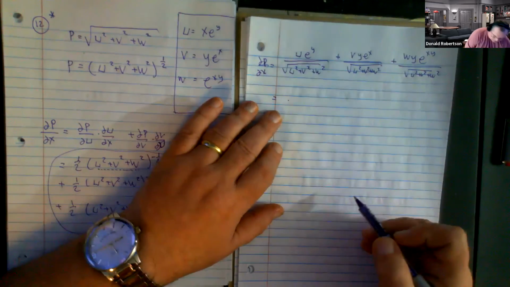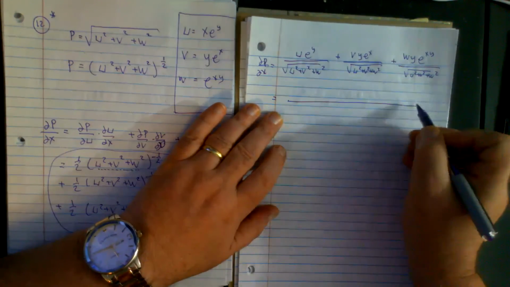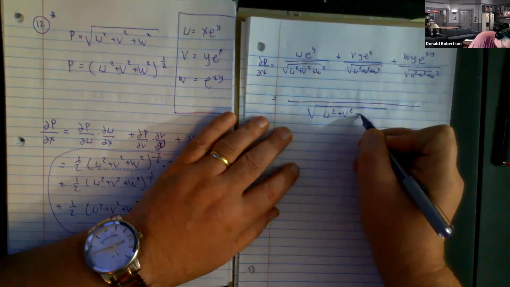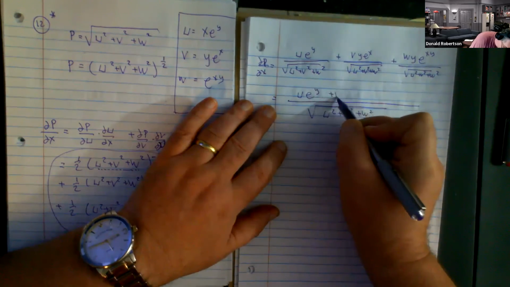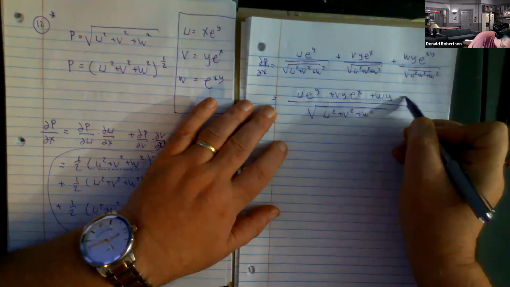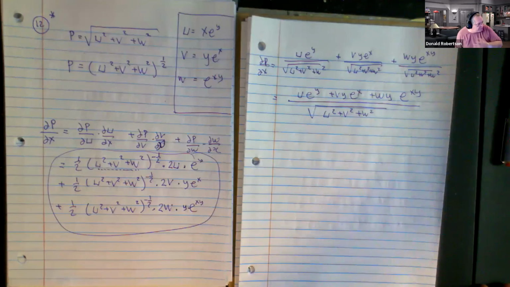Oh, okay, got it. What about the whole 1 over square root of u squared plus v squared plus w squared? Yeah, that's about all I can see. Sometimes there's not a lot. And I mean, if there's nothing you can do, there's nothing you can do, right? That's it. It's as good as it's going to get.